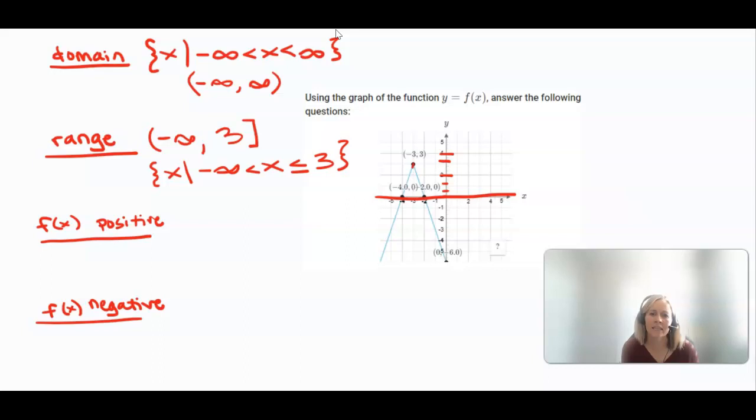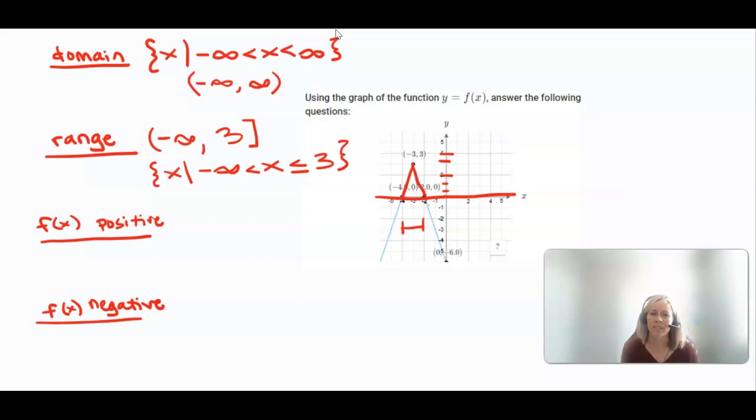And so we can see this function is only positive right here for these values. We want to give the interval that this happens in, and that would be right here from -4 to -2. So where x is between -4 and -2, f of x will be positive.